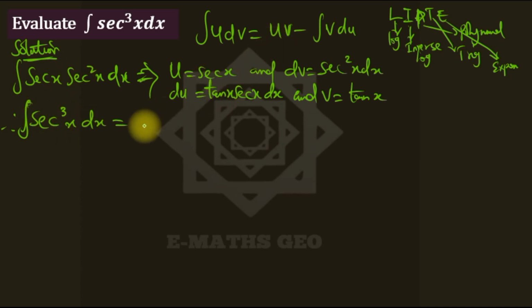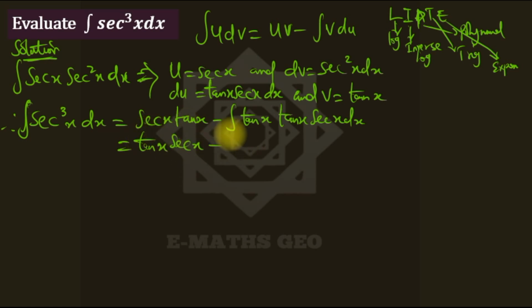Our u is sec x, so I have sec x, and our v is tan x, minus the integral of v, which is tan x, and du, which is tan x sec x dx. So I have tan x sec x minus the integral of tan squared x sec x dx.